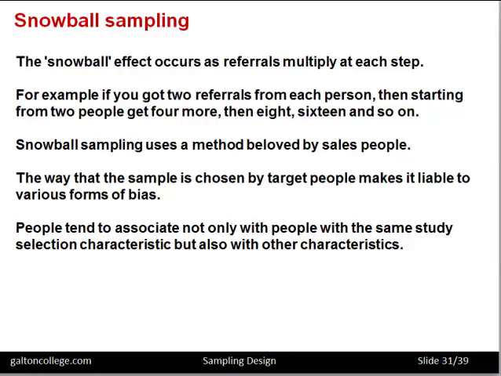If I refer 2 and you go to those 2, they may refer 2 more, but those 2 may have different characteristics to me, and I started the whole process off. So characteristics may vary as it goes on, and that's a good thing, presumably, because it widens the scope of the research base.